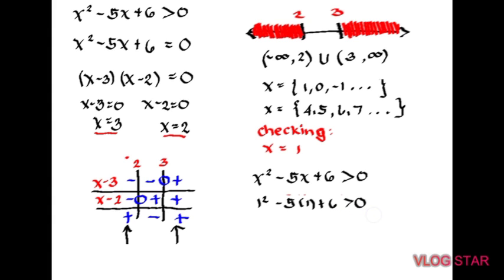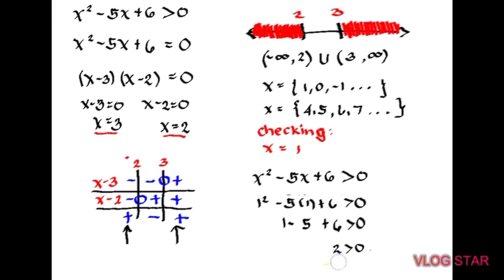Is it greater than 0? So the square of 1 is 1, and negative 5 times 1 is negative 5. We copy 6. Is it greater than 0? 1 minus 5 is negative 4. Negative 4 plus 6 is positive 2.